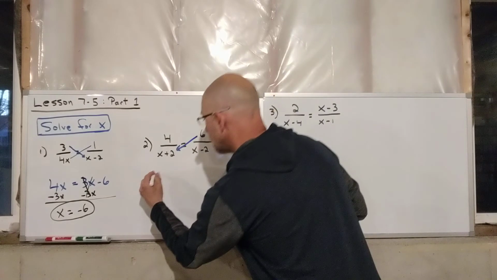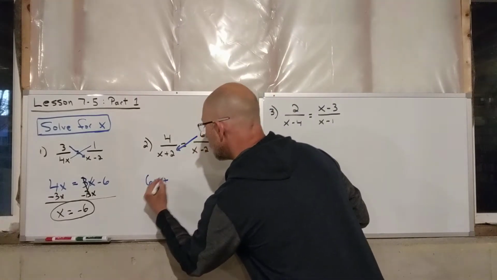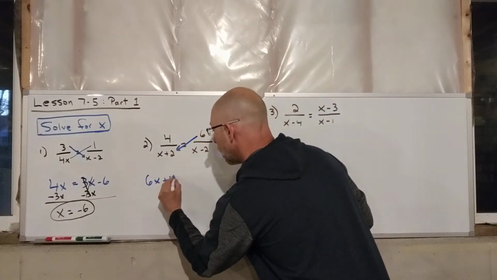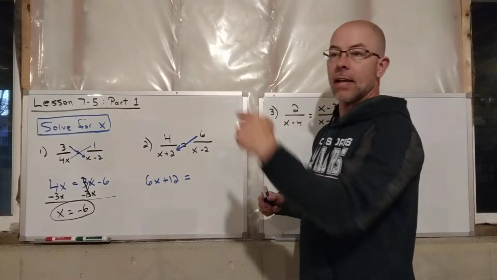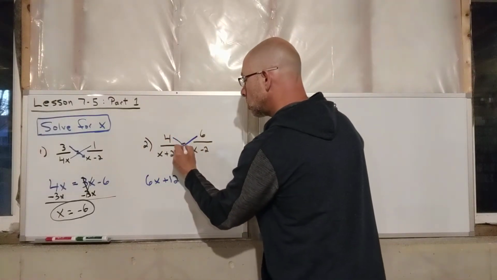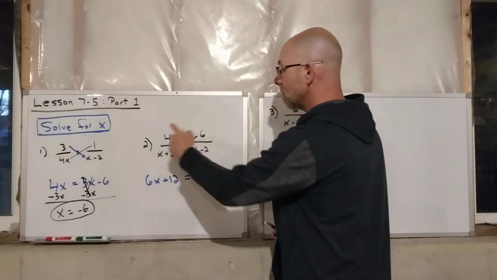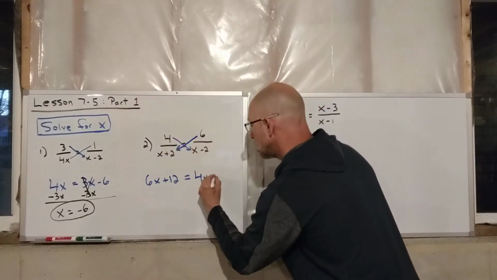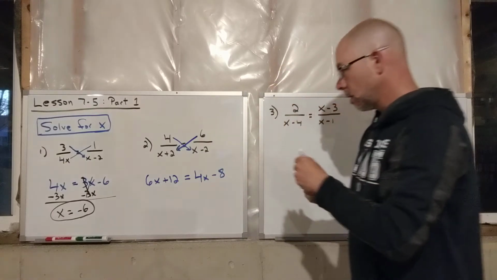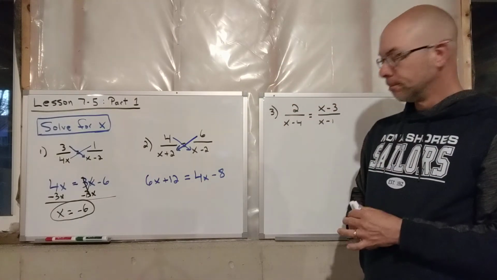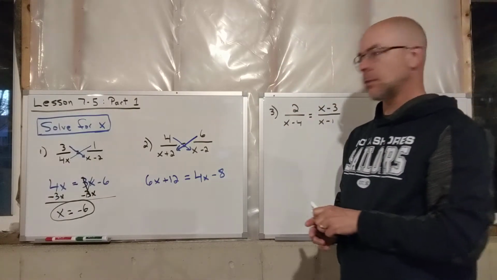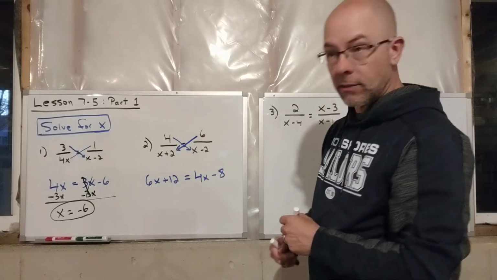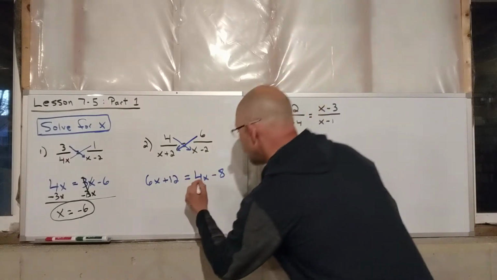That's going to be 6 times x plus 6 times 2, 12. That has to equal the other cross multiplication, which is also distributive property. 4 times x, 4x. 4 times minus 2, minus 8. There's your equation. We're going to get the x's on the same side first, so I'm going to subtract 4x from each side.